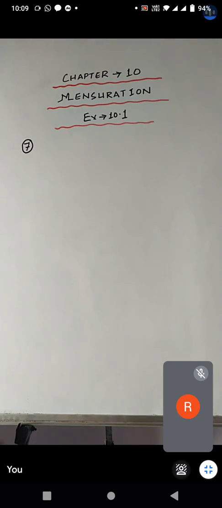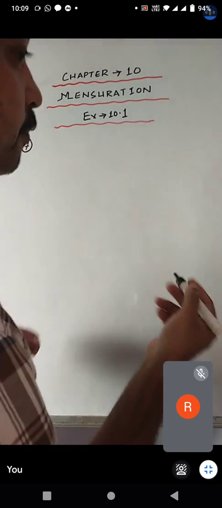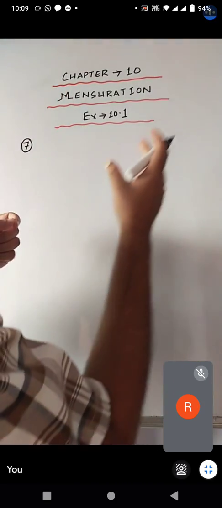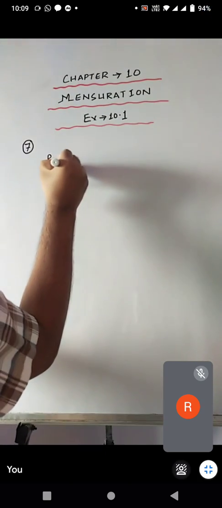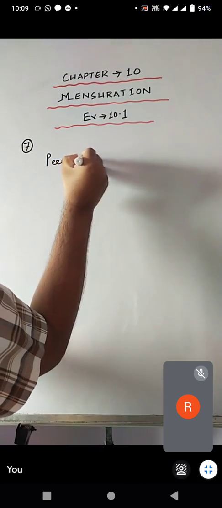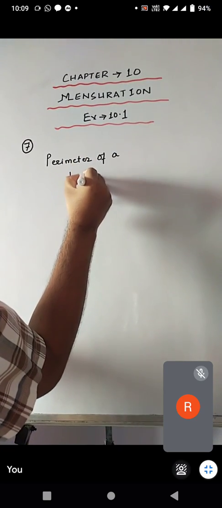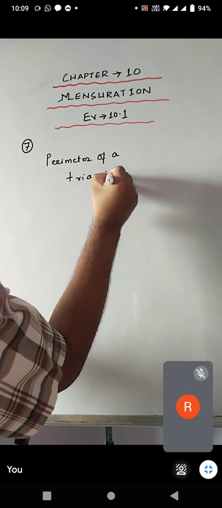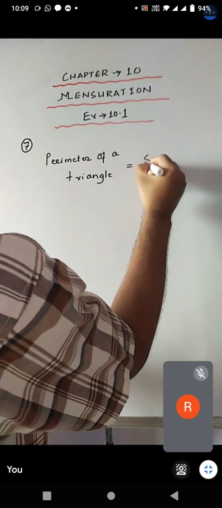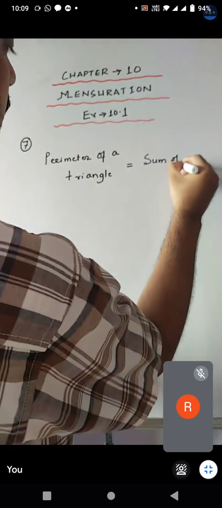We know that if we have to find the perimeter of any polygon, we have to add up all the sides. So for question number 7, you will write: perimeter of a triangle equals sum of all sides.